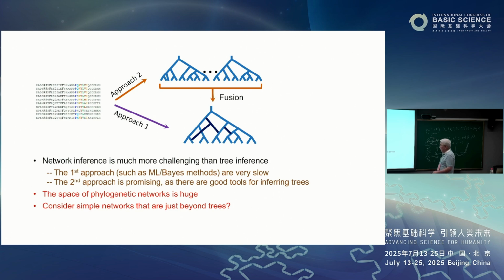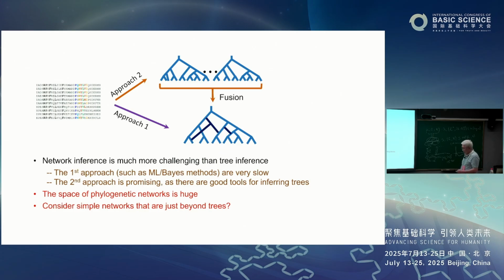The second approach is to infer the trees from the genes first, and then combine these trees into a network model. This approach is promising as there are well-established tools for inferring the trees.